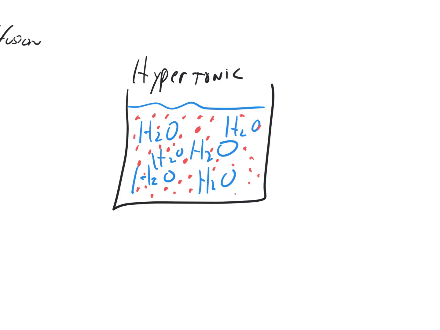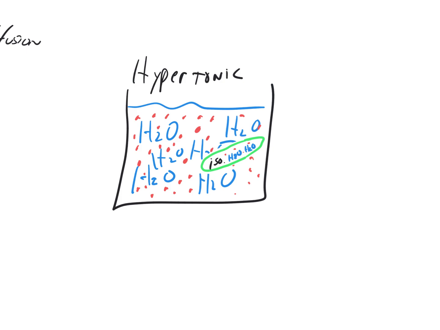So what's going to happen if we put a cell in here? Let's carve out a little space, put in our cell. So here comes our cell, and again, what's our cell? The cells are isotonic, okay? So there's a fair number of solute in there, a pretty good amount of solvent.